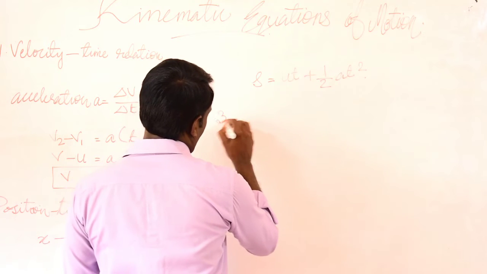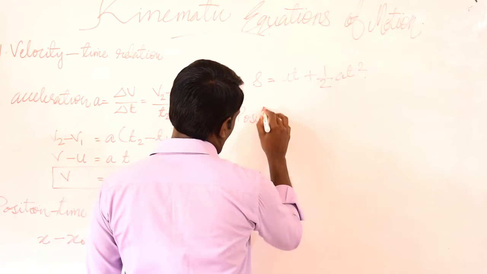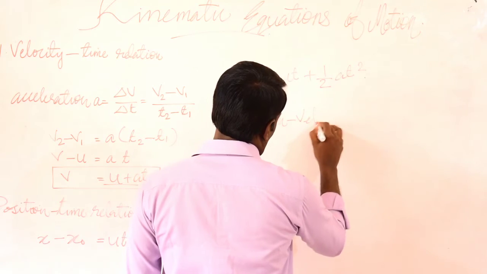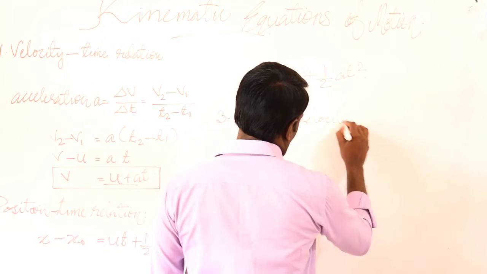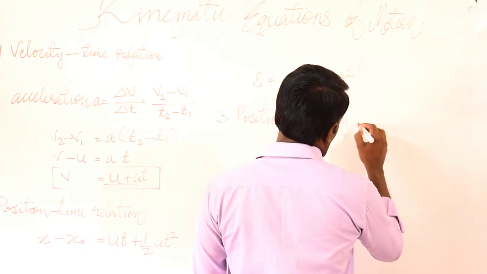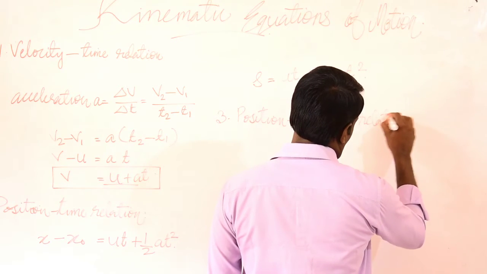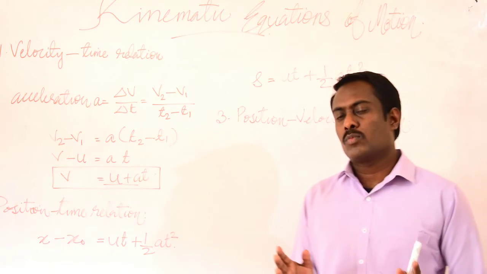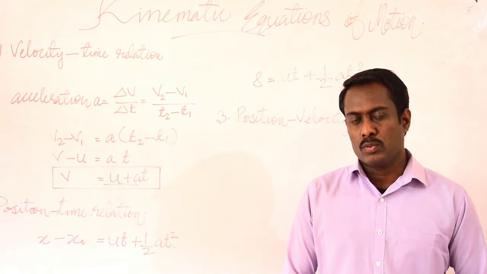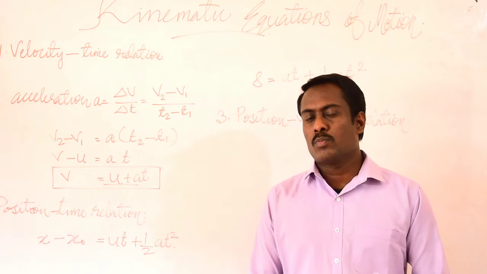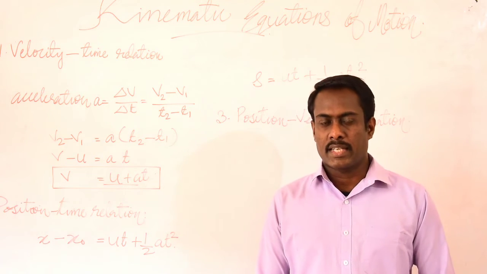And third is the position velocity relation. Let an object be moving with the initial velocity u and the final velocity v, and it is moving with a uniform acceleration a.